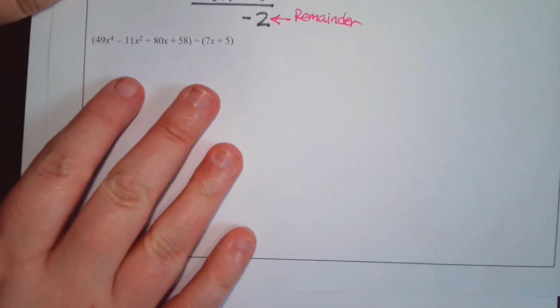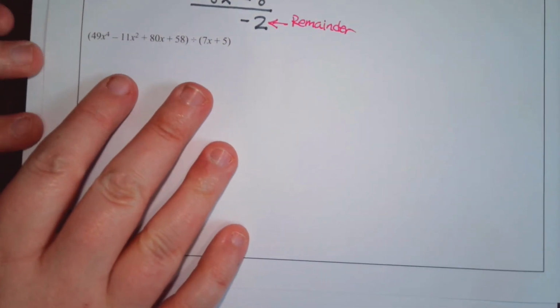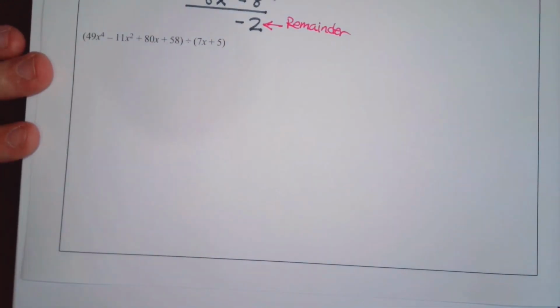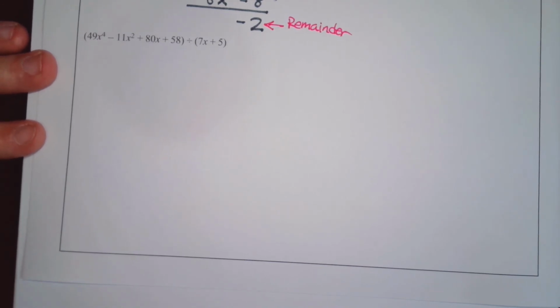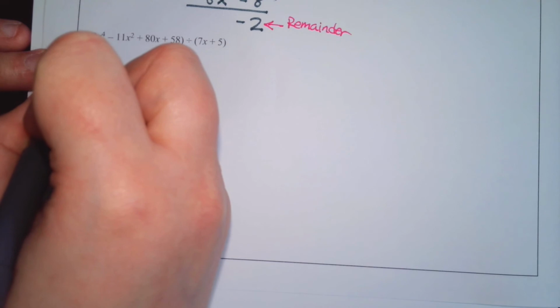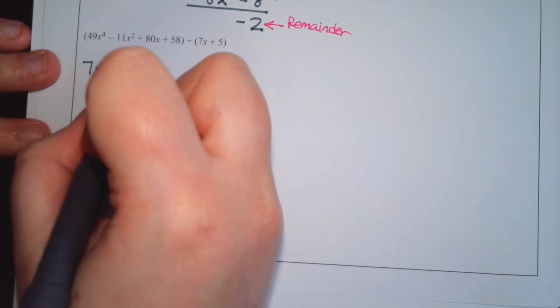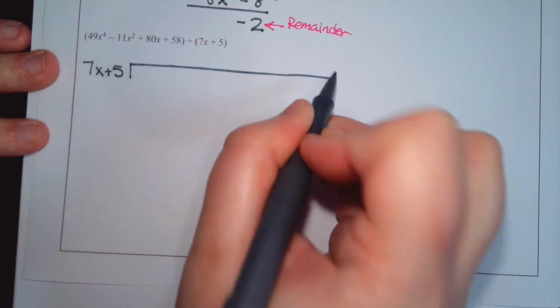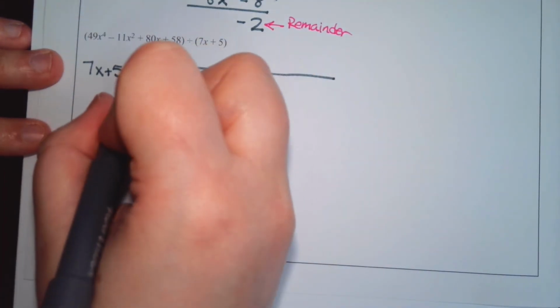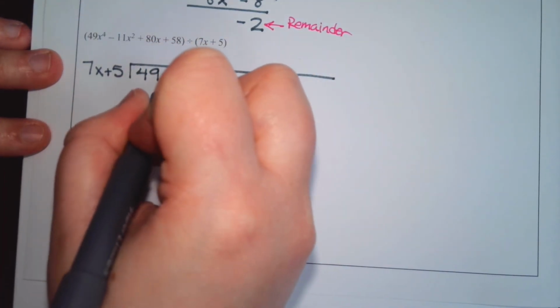49x to the fourth minus 11x squared plus 80x plus 58 divided by 7x plus 5. So our binomial 7x plus 5 comes out to the front here. And then we have 49x to the fourth.